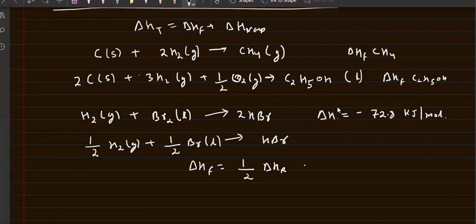So this will be minus 72.8 by 2, which is minus 36.4 kilojoule per mole. So this is one thing that you have to remember while solving the problems. Understood? Everyone got this?